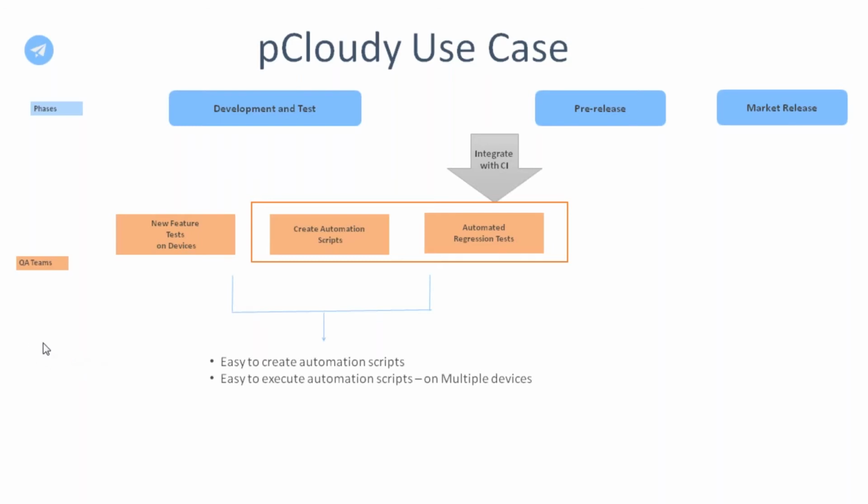That is what is achieved when I say we can run it on multiple devices. And the third one is integration with CI systems like Jenkins with a few clicks. If you get everything together, it is a great combination, because you will be saving a whole lot of time while doing this testing. So let's see how we can achieve all this using pCloudy.